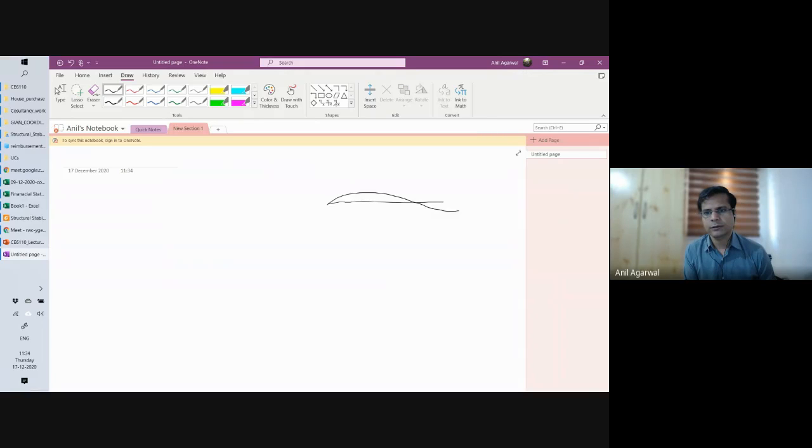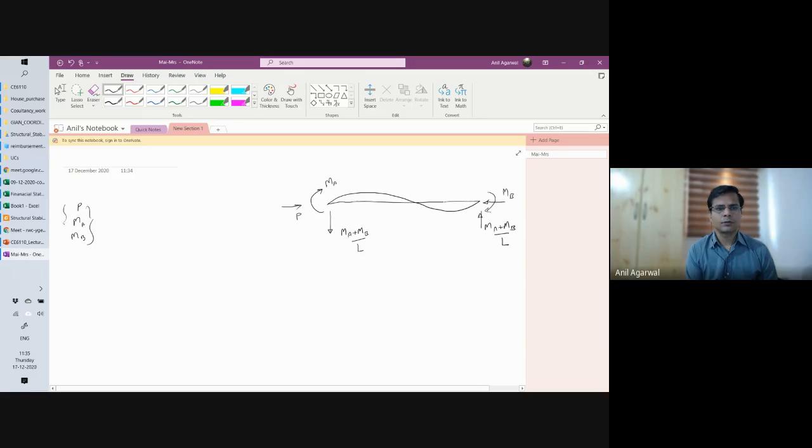We derived an expression for the member that has MA, MB, MA plus MB divided by L, and a P force acting here. We derived an expression for this P, MA, MB.